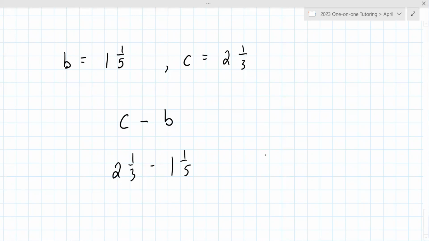Now, keep in mind here, is 1/3 less than 1/5? To answer that, you have to find a common denominator. 15. Okay.